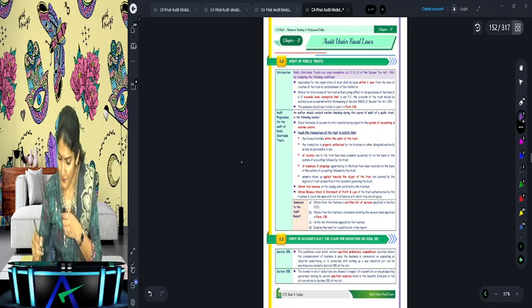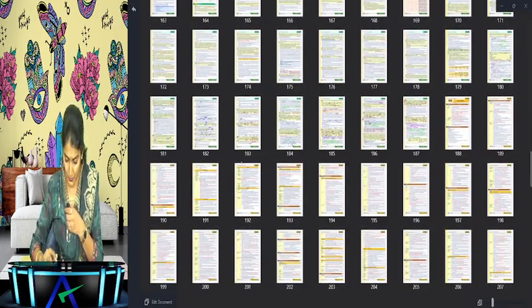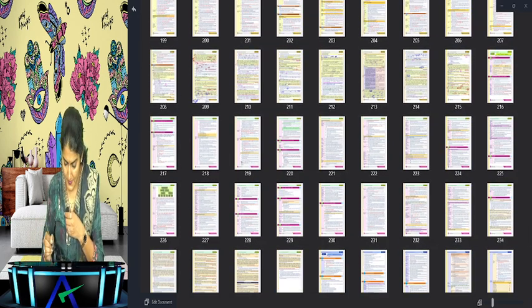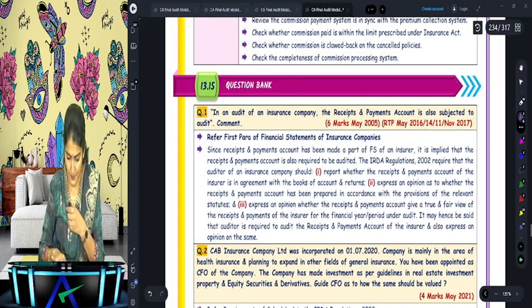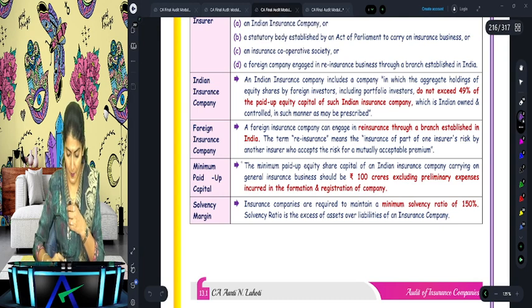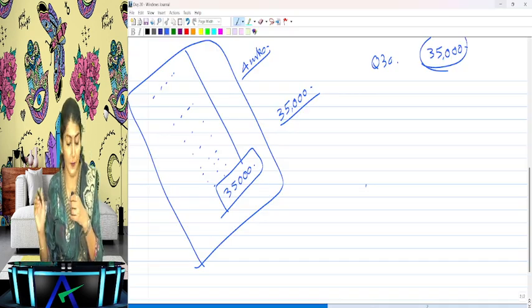So now we come to another chapter, which is regarding the audit of the insurance companies. Once we complete this chapter, we are completed with all the big chapters, right?